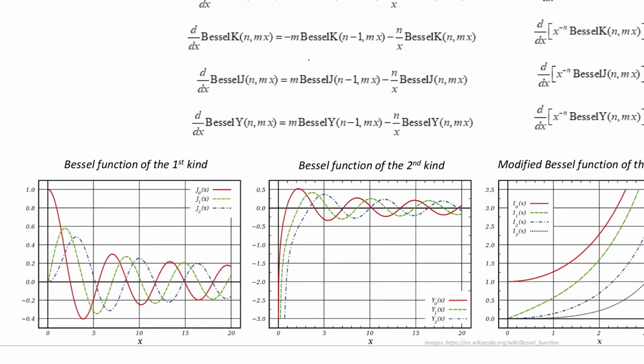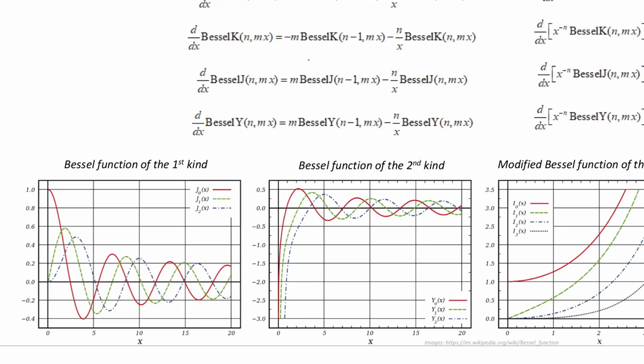And so rather than writing out the messy function every single time, some people have given names to these sets of functions, and they have certain coefficients that go with them. Depending on the values of the coefficients, it's a Bessel function of the first kind or Bessel function of the second kind or whatever. So we're dealing with these functions: Bessel K, Bessel J, Bessel Y, Bessel I.